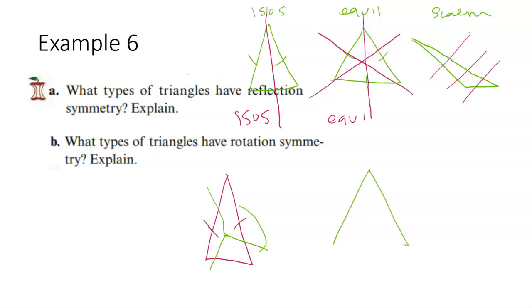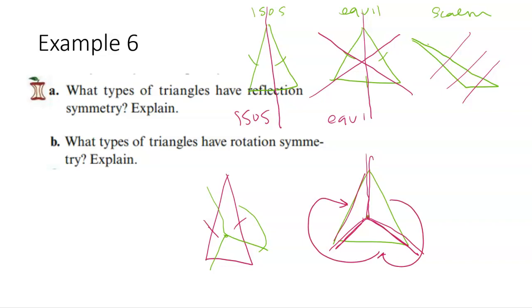But the equilateral triangle, I could take a piece of that. I could take this piece here and rotate it, and it would land perfectly in there, and then rotate it and it would land perfectly in there. So that does have rotation symmetry, and that's because all those angles must be congruent. So equilateral triangles are the only ones that have rotation symmetry.